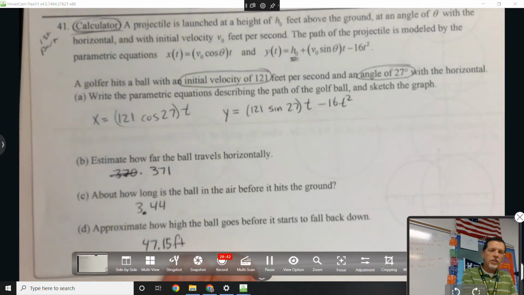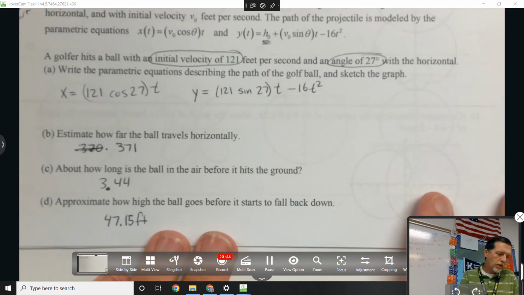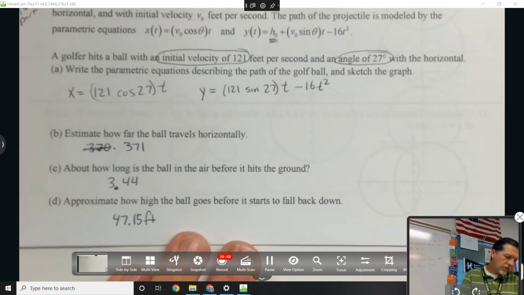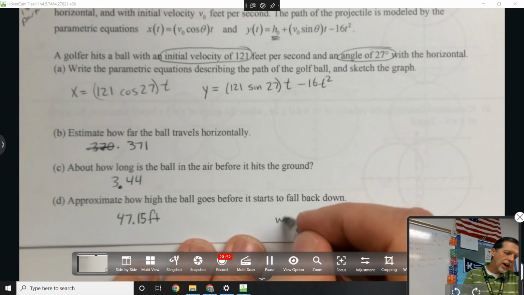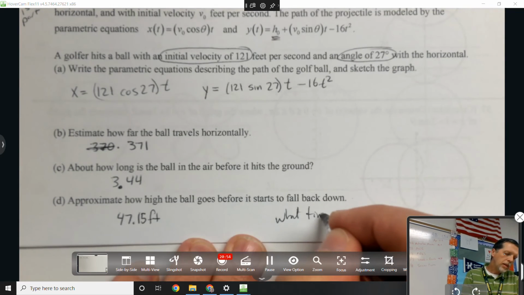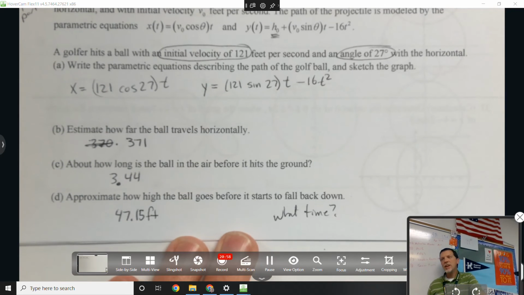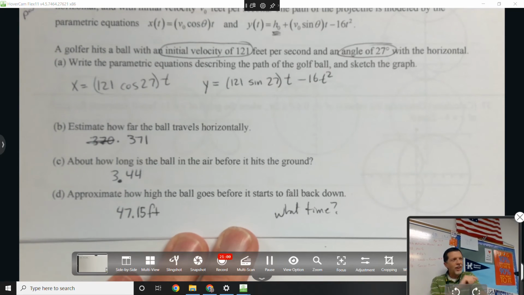Again, that's the calculator question. I think the only extra question on the test is, at what time is the ball at the highest spot? So it's not an extra spot to find, it's just an extra value to record at the top.